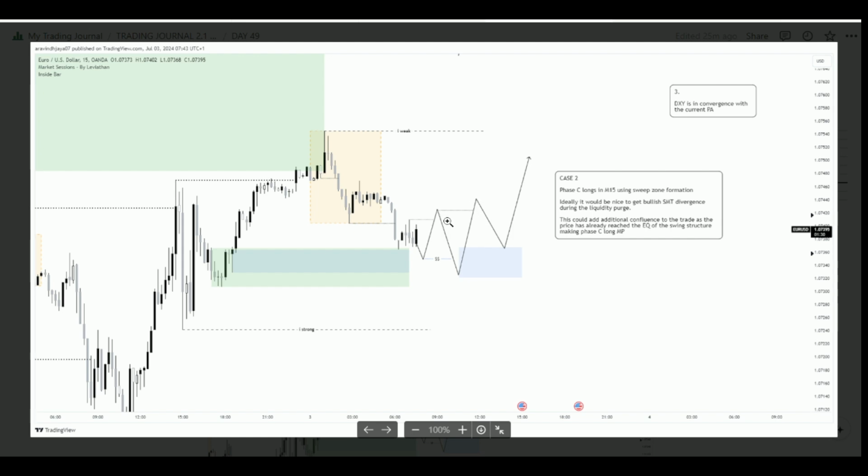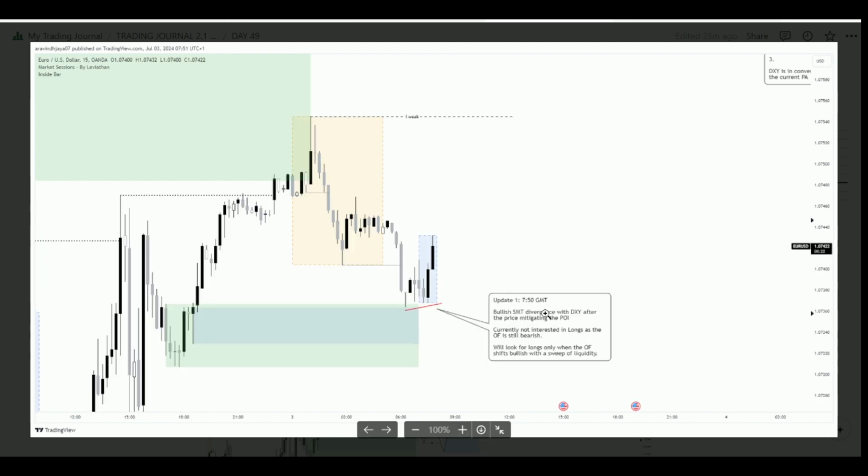This will be the actual move, and then there could be an institutional demand zone where the price can tap into, and then we could follow the order flow. This could be an additional confluence to the trades, as the price has already reached the EQ of the swing structure, making phase C longs medium probability. So adding more confluences will give me confidence to take the trade, because price has already reached the EQ.